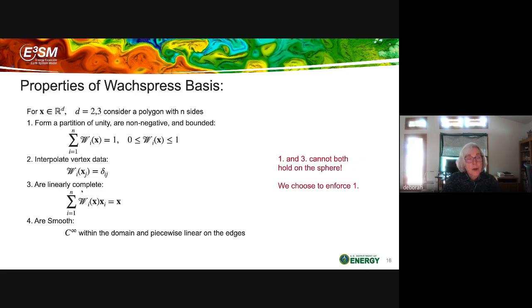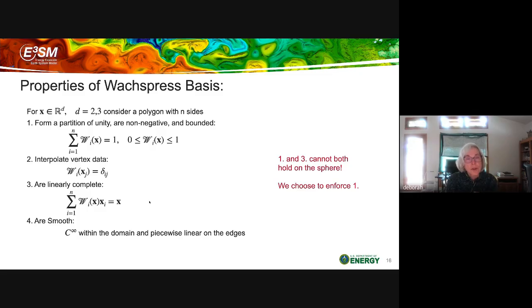And these bases are also in the plane linearly complete, meaning that if I use the shape function against the vertices, then I get the point value in the interior. And they're smooth. They're C infinity in the domain, and piecewise linear on the edges.